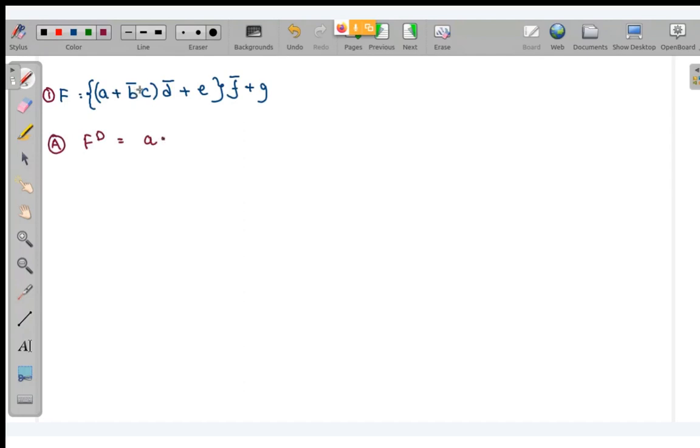This is B complement dot C, so this will be B complement plus C. Next there is a dot D over here, so this will be plus D. Next you have plus over here, so that will be dot, whole bracket E. Sorry, I have written E complement, so that will be E. Over here this is dot, so plus F complement.